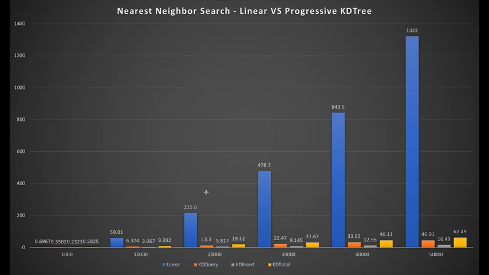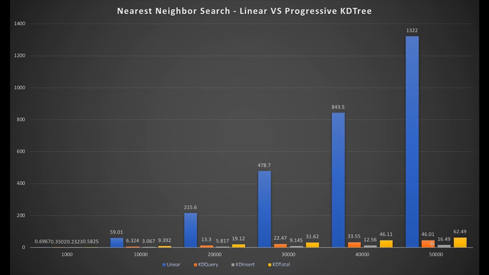As you can see, this blue bar is the linear search runtime, and the other three colors, yellow, orange, gray, show the time for the KD tree: the query of points from the KD tree, the insertion of the points into the KD tree, and the total time for querying and inserting the points into the tree.